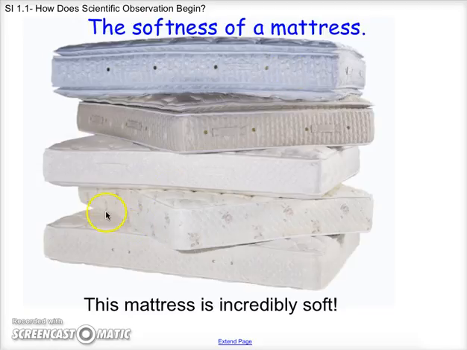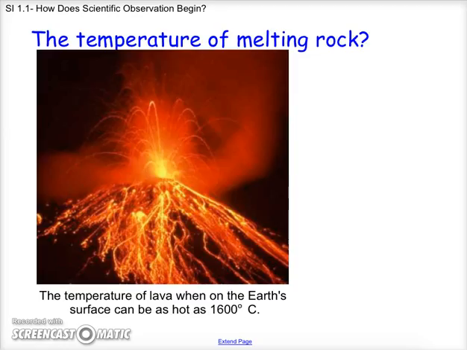The softness of a mattress. This mattress is incredibly soft. This observation is made with someone's opinion, so therefore it would be a qualitative observation. The temperature of a melting rock. The temperature of lava when on Earth's surface can be as hot as 1,600 degrees Celsius.